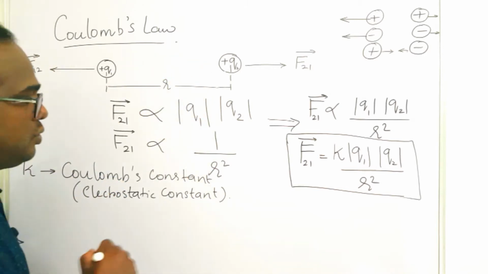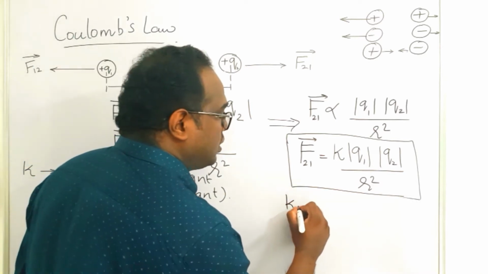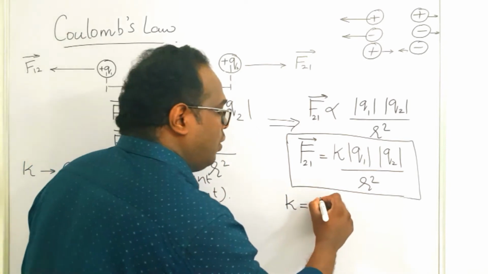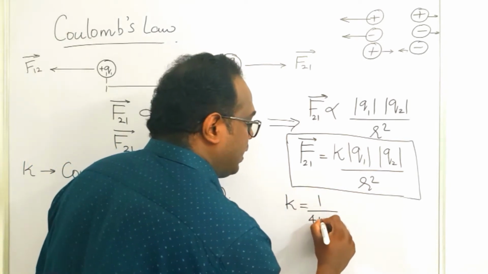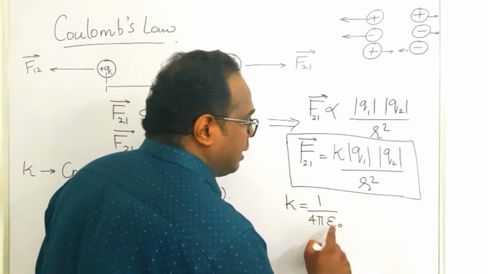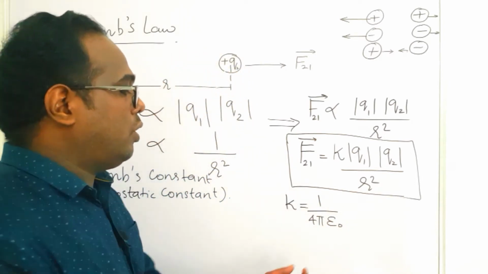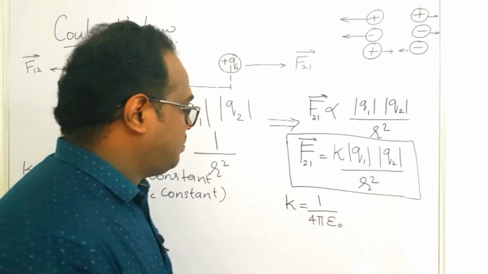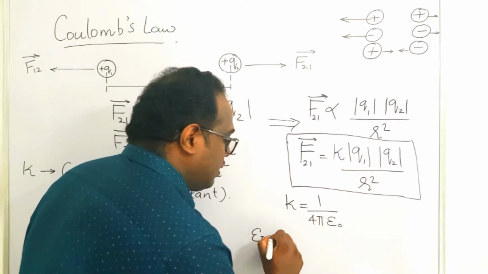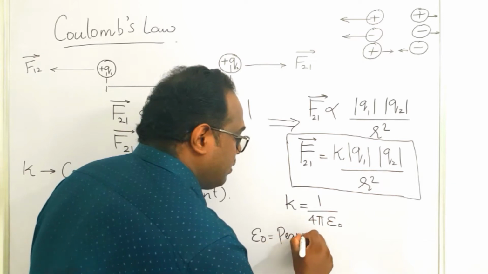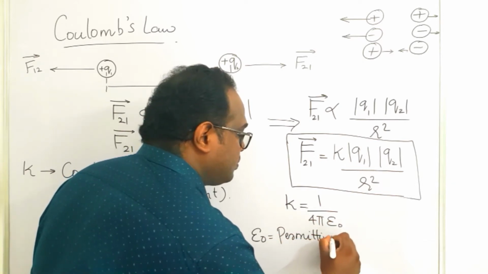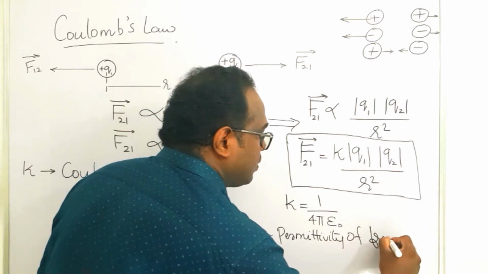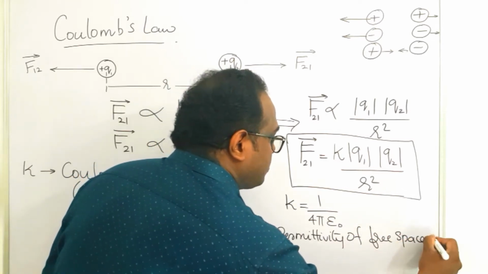So K is equal to, for air or vacuum, since we are considering only air or vacuum, 1 by 4 pi epsilon naught. This symbol is epsilon naught. Epsilon naught is for air or vacuum, and this term is the permittivity of free space or air.